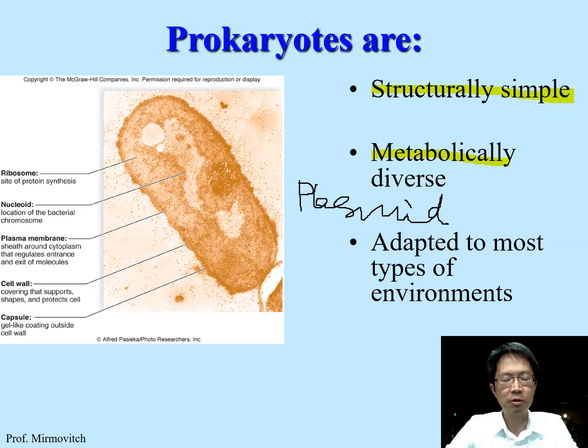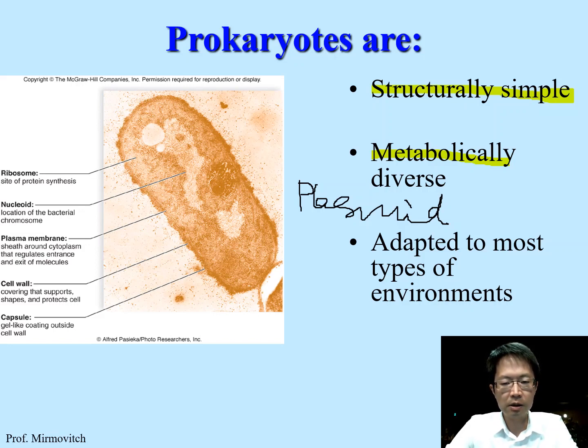Then other bacteria will receive this gene and put it in the plasmid, so that they will become antibiotic resistant. And that's why it is very diverse.